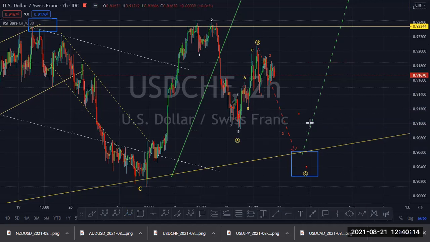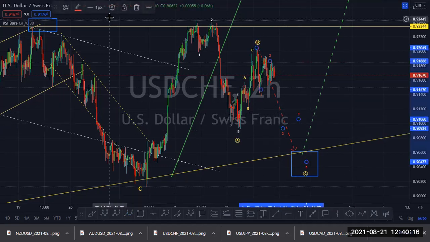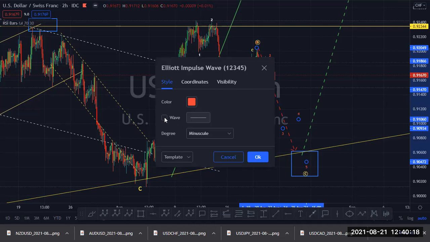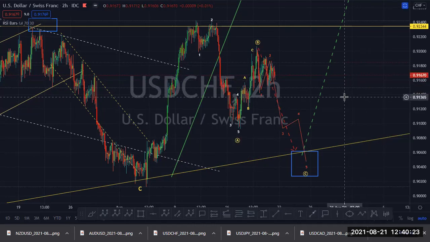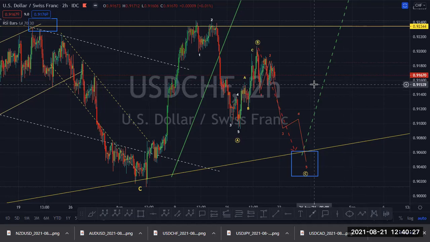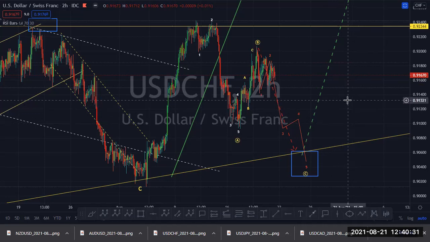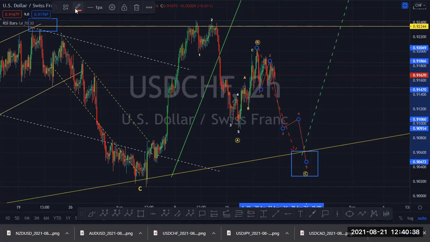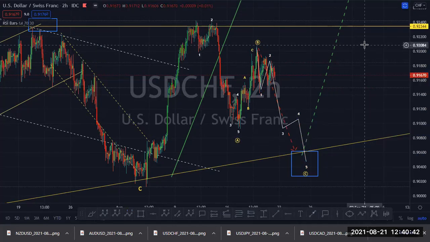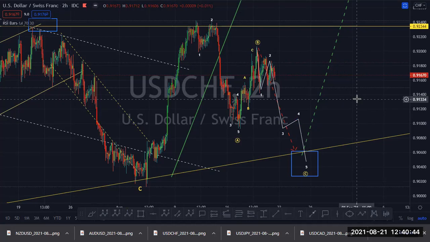5 waves downwards. You know, this is my own opinion, not a recommendation for buy or sell. Mind you, trading margin is risky. You can lose, you can gain. So if you're following my analysis, it means you are risking with me, because what I'm doing is also risky. Sometimes I lose, but most times I'm correct.